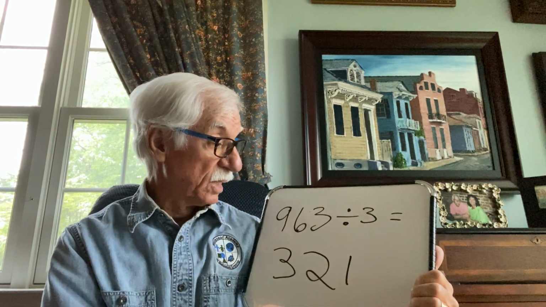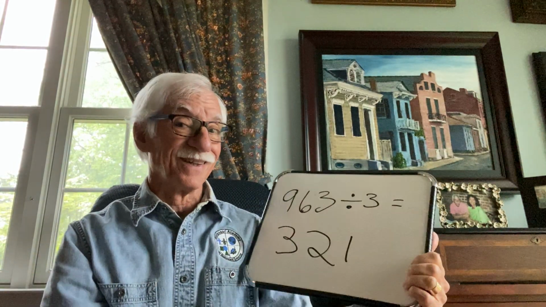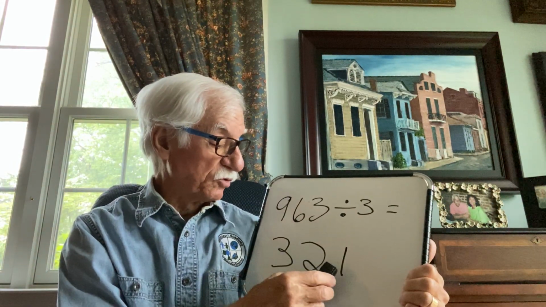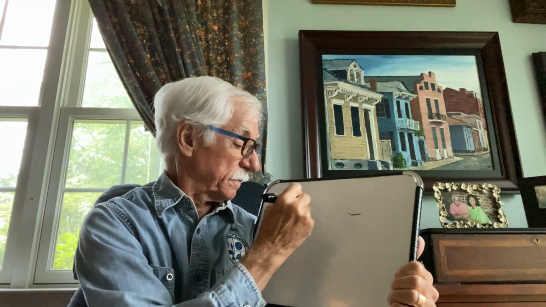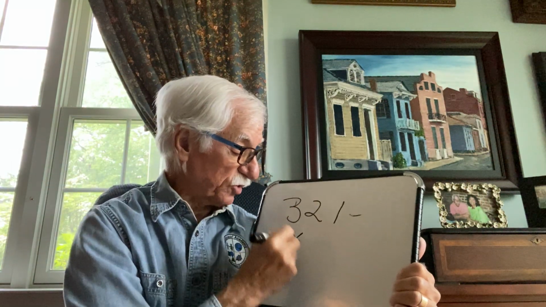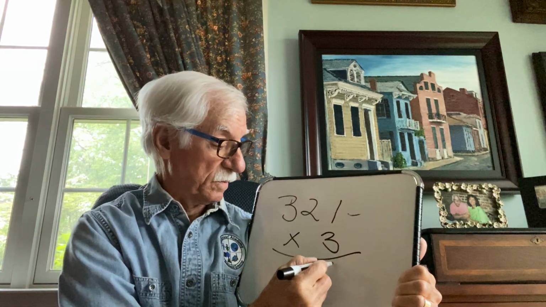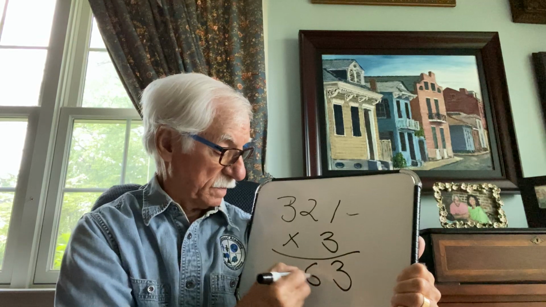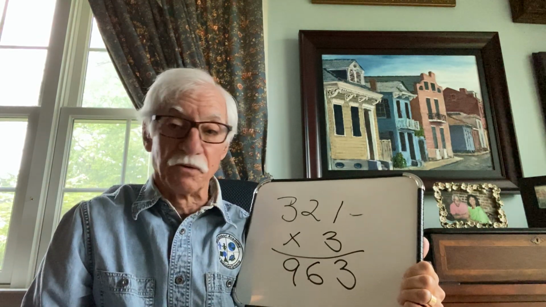All right? Now just to show you, and you've probably already figured this out, 321, the quotient, multiplied by the divisor gives me the dividend, 963.